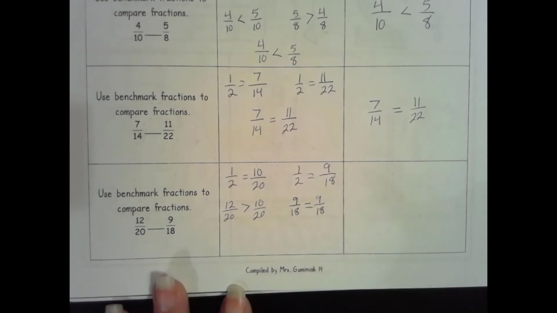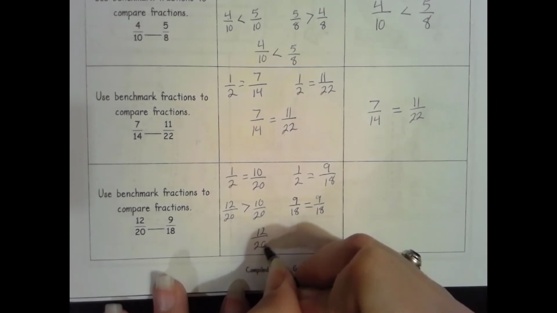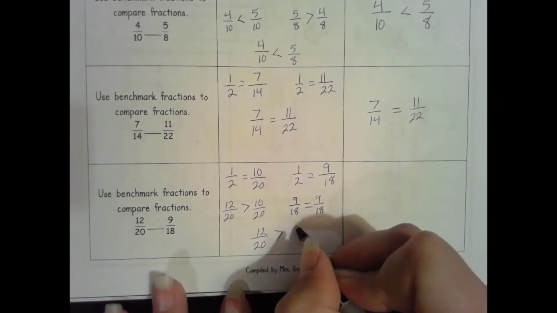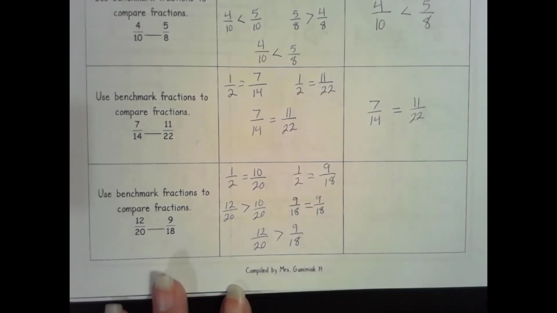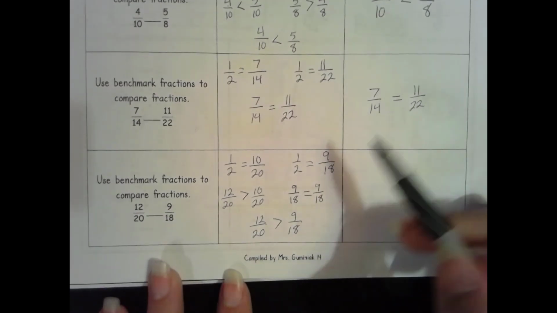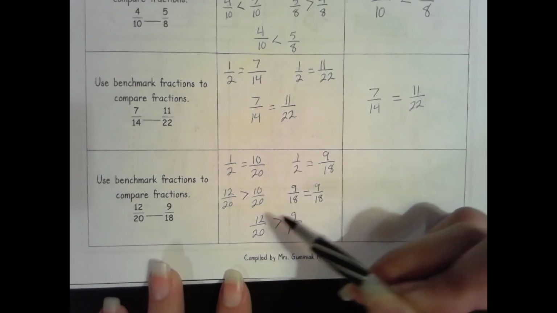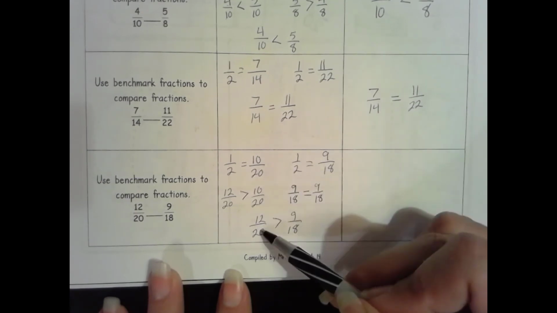Well, if this is greater than a half, it has to be greater than this half, since they're equal. The half is equivalent to this. This is greater than this, so it has to be greater than this.